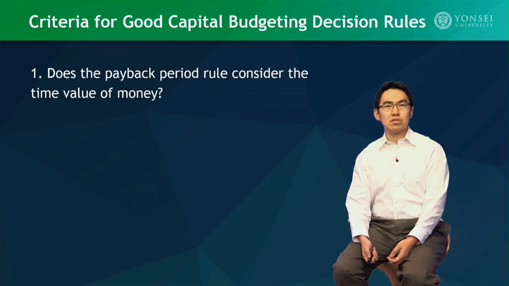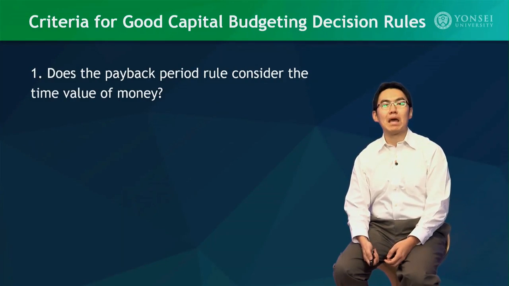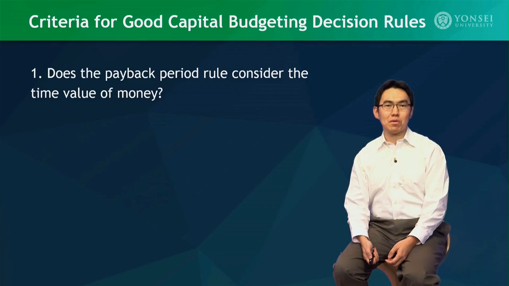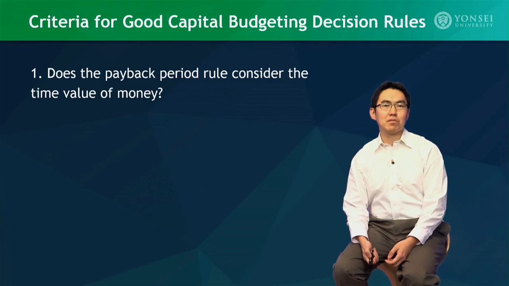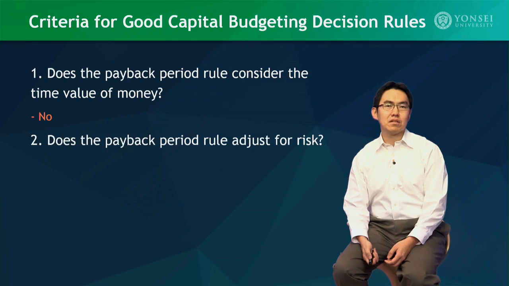Based on the 3 questions for good capital budgeting techniques, let's see whether the payback period is a good capital budgeting decision rule. First, does the rule consider the time value of money? The answer is no. If you remember, we did not discount future cash inflows while calculating the payback period in the previous example. Second, does the rule adjust for risk?